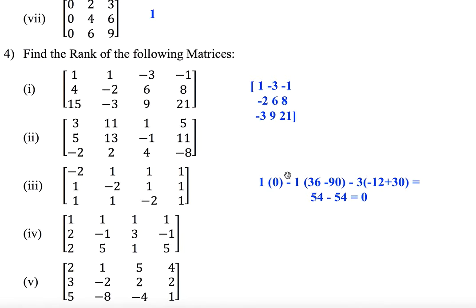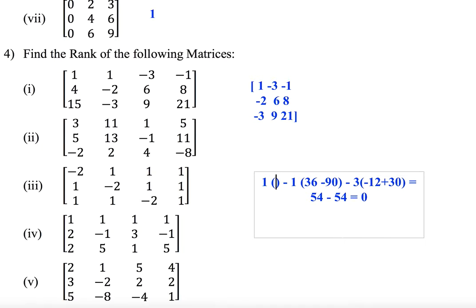3 9 21. Okay. 1 into, again we'll proceed like this. 1 into 12 minus, this is not 12, 6 into 21, 126 minus 9 8s are 72.